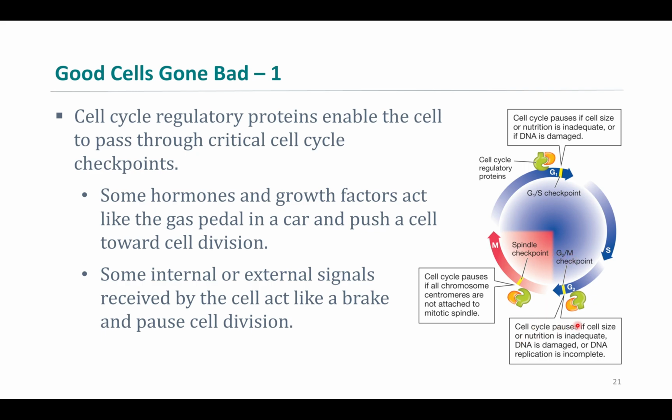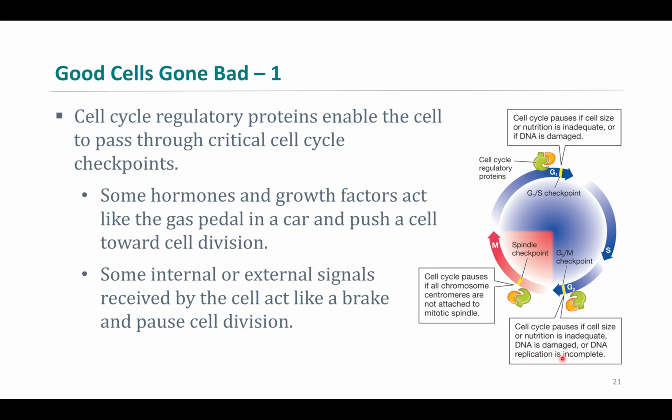At the G2/M checkpoint, the cell again checks whether it has enough nutrients to go on, and then it also checks whether any of the DNA is damaged, or whether any DNA replication is incomplete.